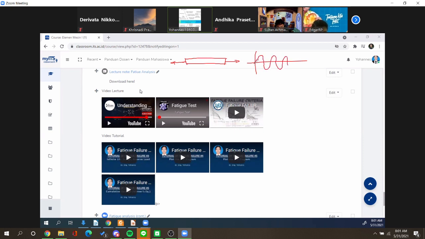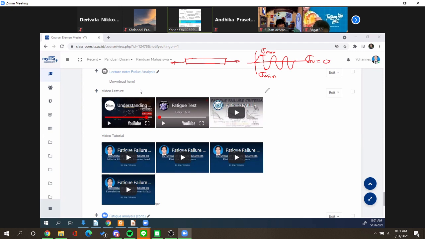Fully reversed means the sigma maximum will have the same magnitude as the minimum, only different in direction. So the average will be 0. So this kind of load is used during the test in the laboratory.